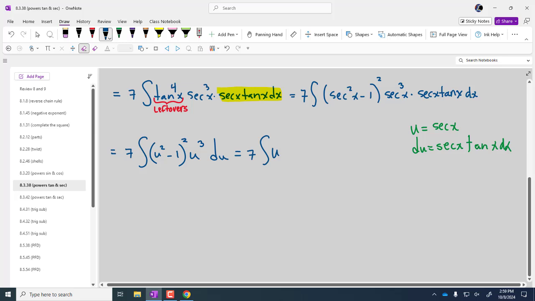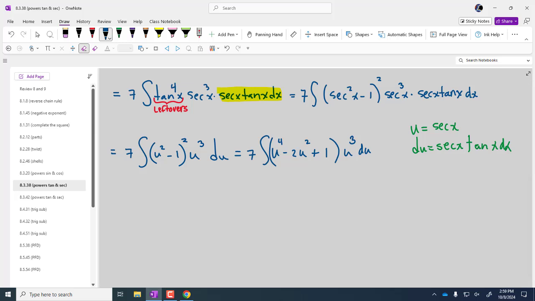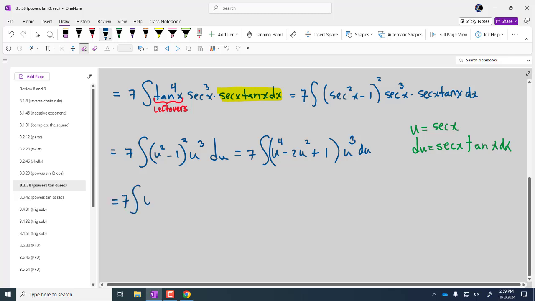We are going to get u to the 4th minus 2u squared plus 1 times u to the 3rd. Then we distribute the u to the 3rd. So we'll have 7 integral u to the 7 minus 2u to the 5th plus u cubed du.